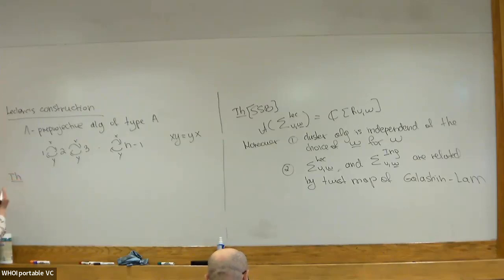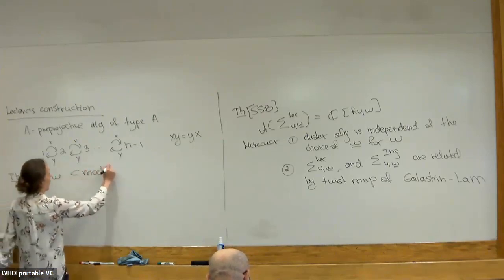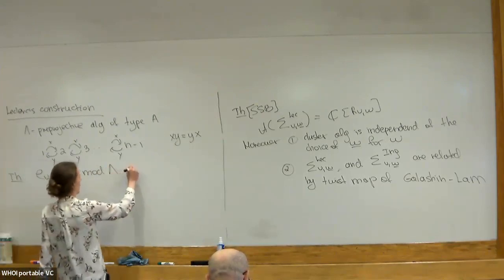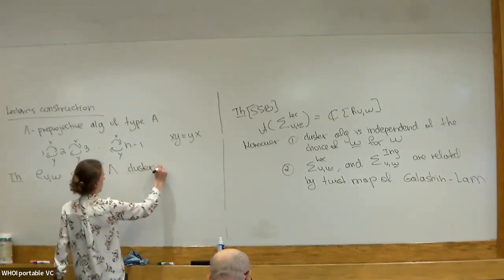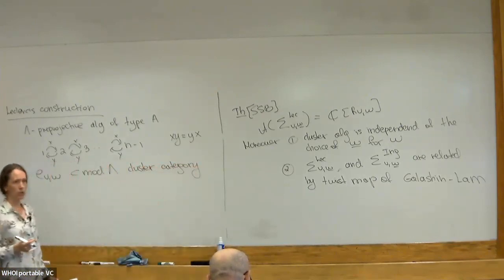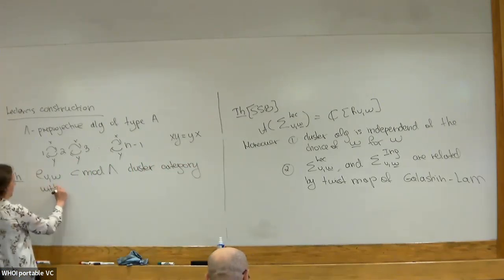The theorem of Leclerc is that he constructs this subcategory C_{v,w} inside the module category of lambda, which has a cluster structure, a cluster category, in the sense of Geiss-Leclerc-Schröer. You already saw this in the talk, with the cluster character.